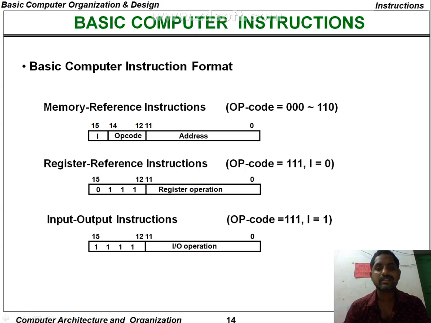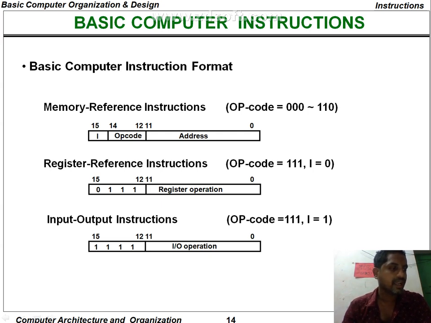And for the register reference instructions, we perform register operations. We can use the 12 bits for the register operation, with the remaining bits from the opcode. Here the opcode is 111 with bit 0. And for the input output instruction, we use 4 bits for the opcode, and the 12 bits are used for the input output operation or to perform different operations.